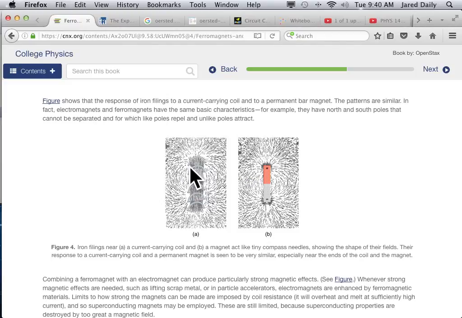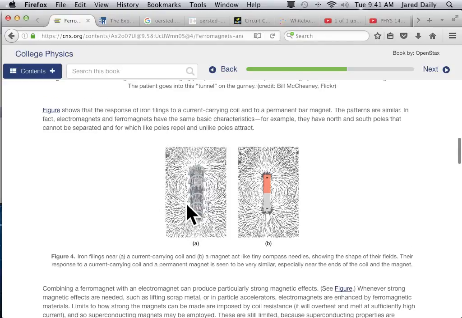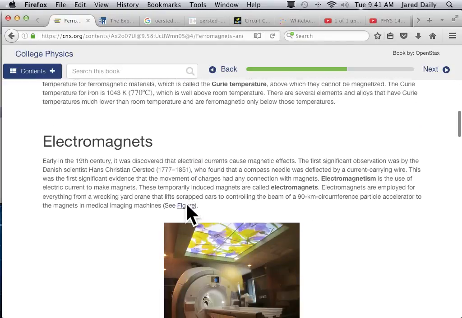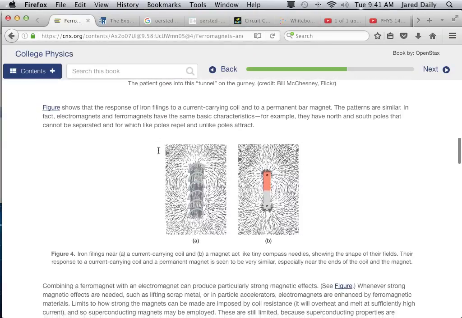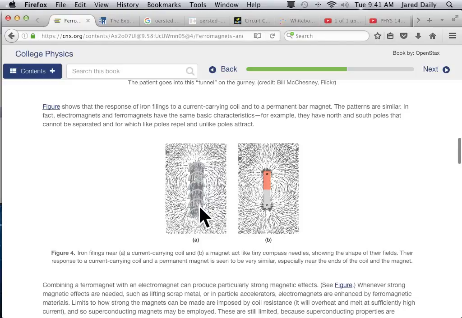But in this one, they've got loops of wire going around and around through this paper, and then they put a current through this loop of wire. Now with the wire that was just going straight, the magnetic field went around the wire in loops. But for a wire that goes in loops, it turns out that the magnetic field goes straight down through the middle of the loops.